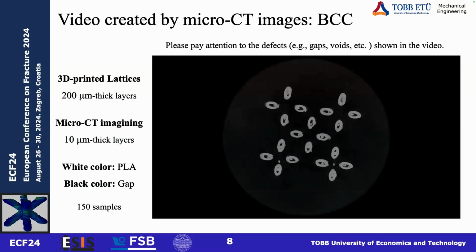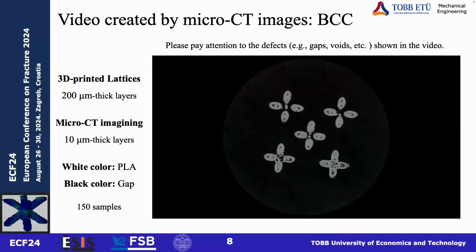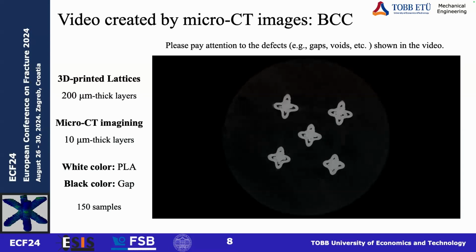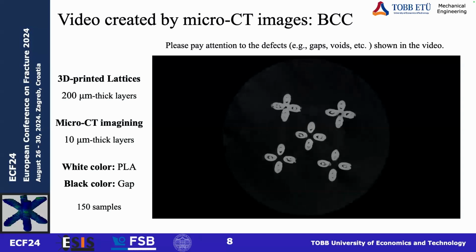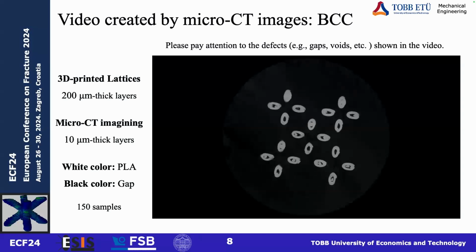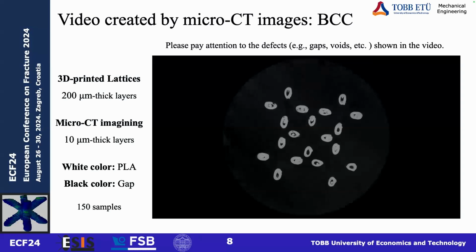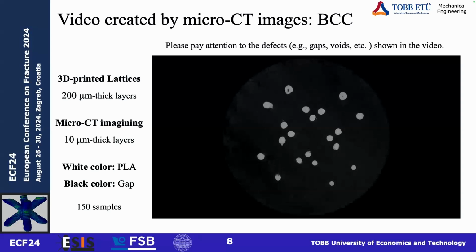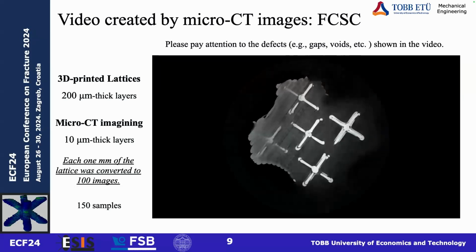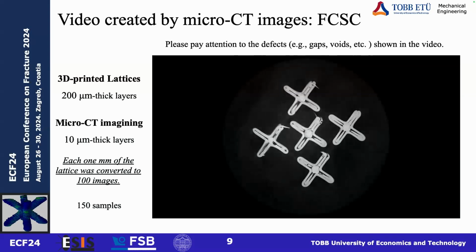And here you can see the video created from 500 micro-CT images, bottom-up scanning. And you can see the defects inside the struts and inside the lattice. This was for BCC and the same for FCSC.